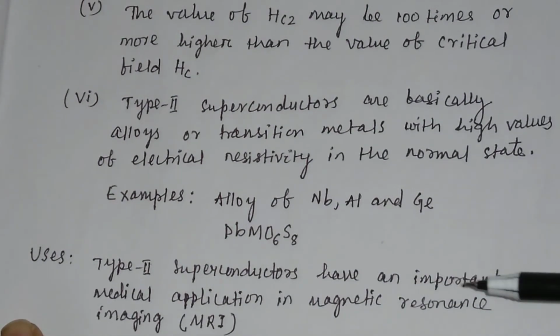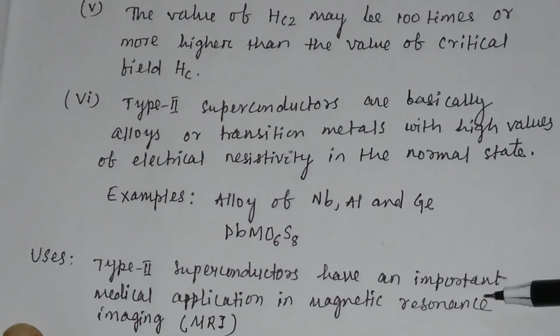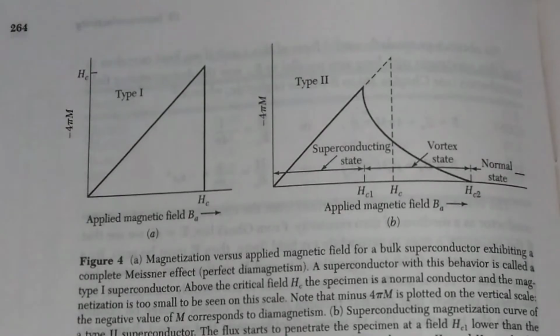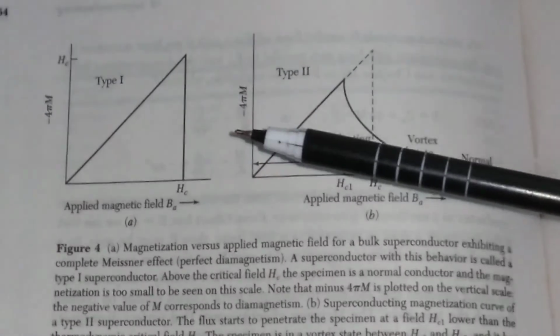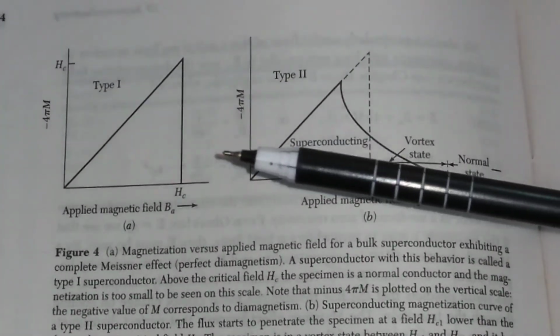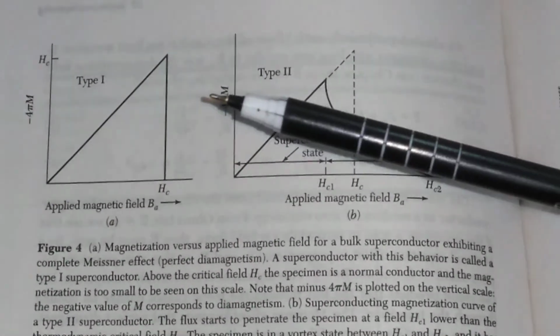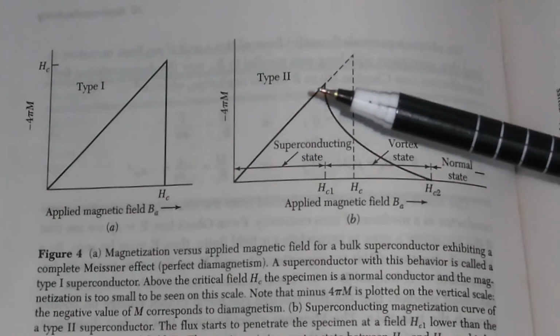Type 2 superconductors have an important medical application in magnetic resonance imaging, or MRI. So in conclusion, in type 1 superconductor the Meissner effect is completely valid, and in type 2 superconductor the Meissner effect is partially valid.